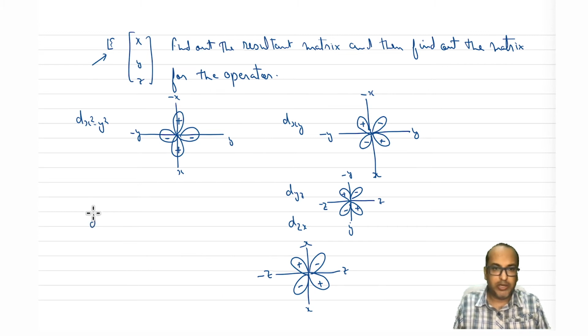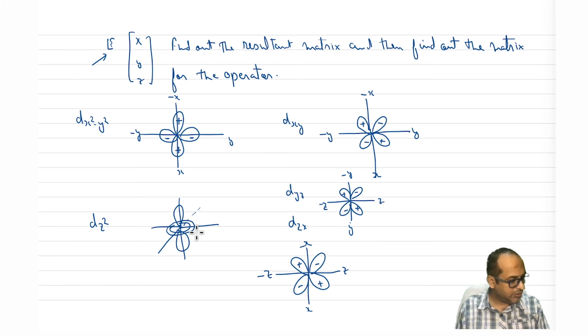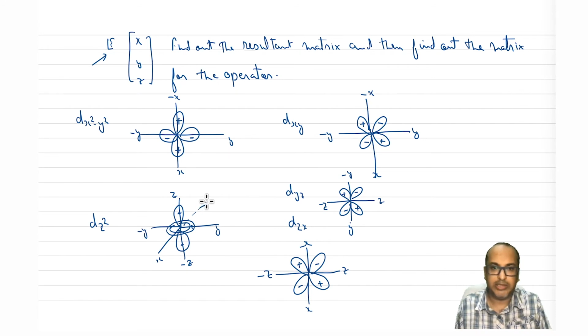And then you also have dz square, which, if I want to draw, will be something like this, with a ring of positive density, right? And then this will be negative, negative, along x, y, z, minus z, minus y, minus x.